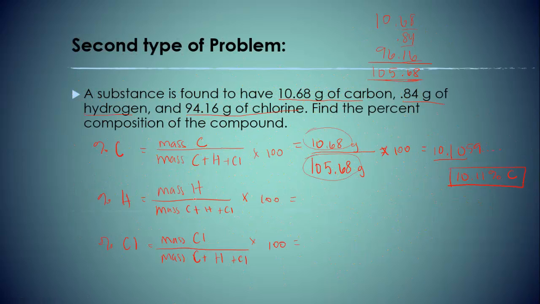All right, my second one, the mass of hydrogen here. Don't you dare look at the reference table, go to this. It's going to divide by 105.68. I'm just using the same number that we had up above, times 100. All right, when I do that, and let's see, I don't have it to quite enough sig figs on my paper.